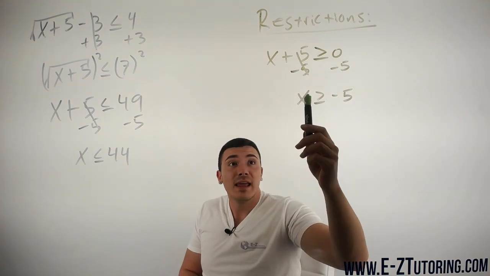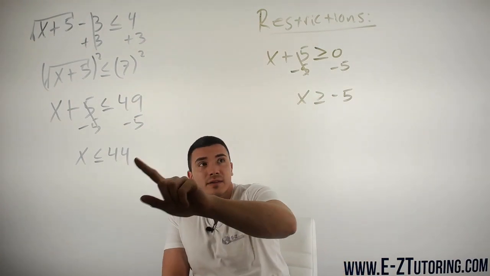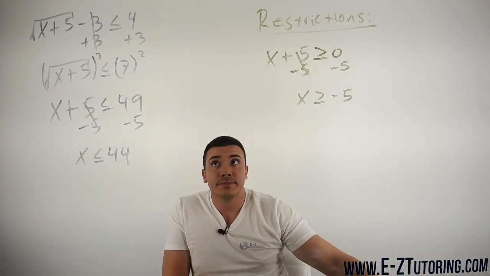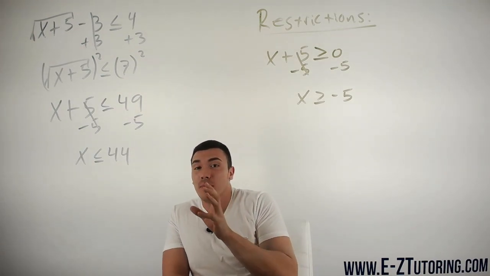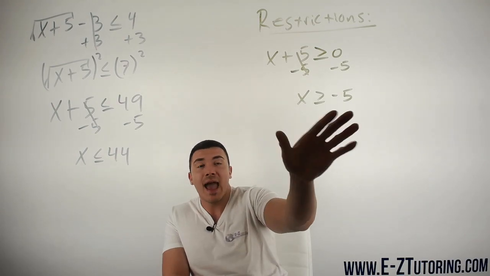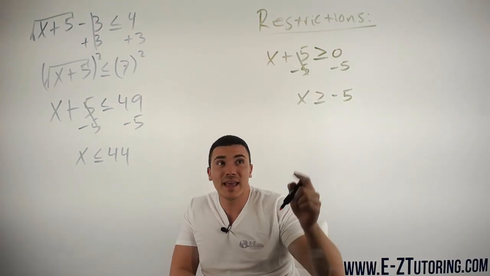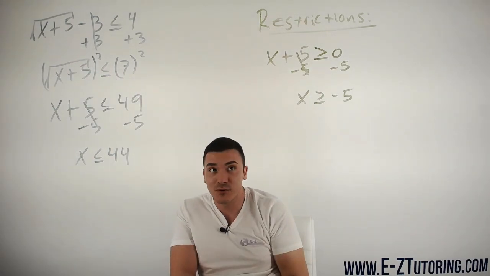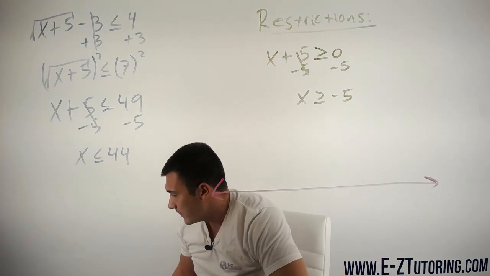Alright, so now we got this interval and this interval. So these are some very important numbers, critical numbers if you'd say. So what you need to do is you actually need to test the intervals at what you're given and above what you're given. Never below, because anything below negative 5 would cause us to get a negative square root, which we know is clearly not going to work.